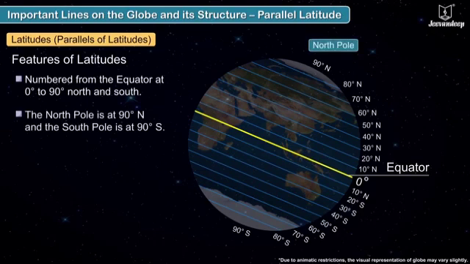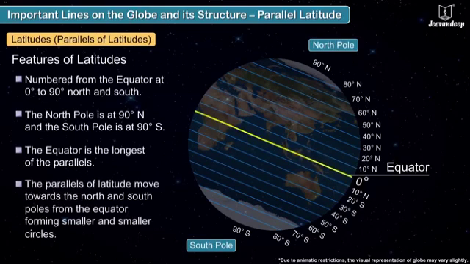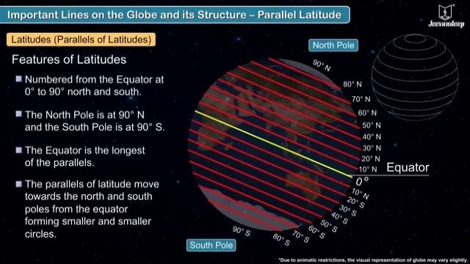The North Pole is at 90 degrees north and the South Pole is at 90 degrees south. The equator is the longest of the parallels. The parallels of latitude move towards the north and south poles from the equator, forming smaller and smaller circles.